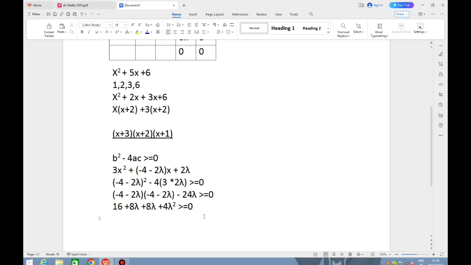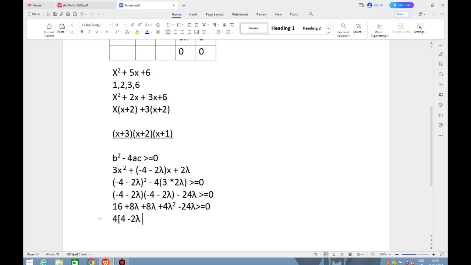Now from here we can decide to factor out 4. So we put 4 out there and into the bracket this becomes 4 plus 8 plus 8. Oh yeah, of course, I forgot minus 24 lambda, let's not forget. So 8 lambda plus 8 lambda gives us 16 lambda. 16 lambda minus 24 lambda gives us negative 8 lambda, so that's going to give us minus 2 lambda.